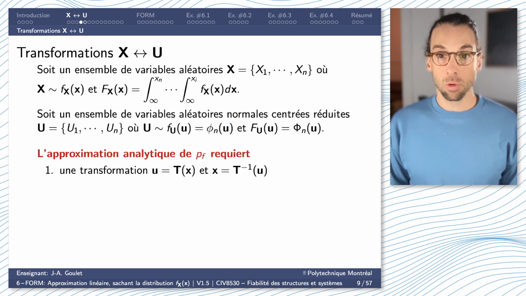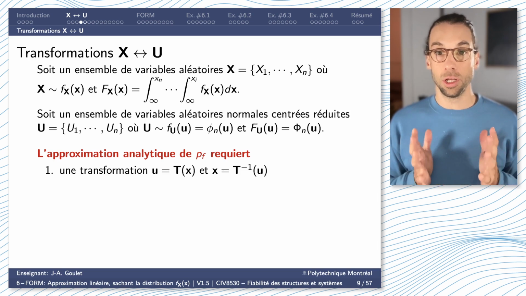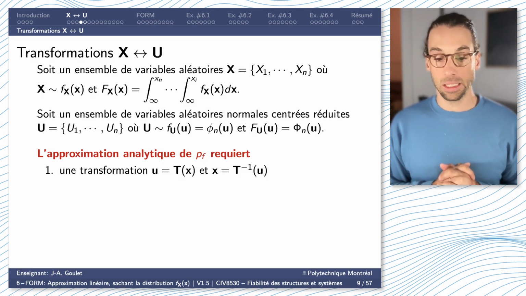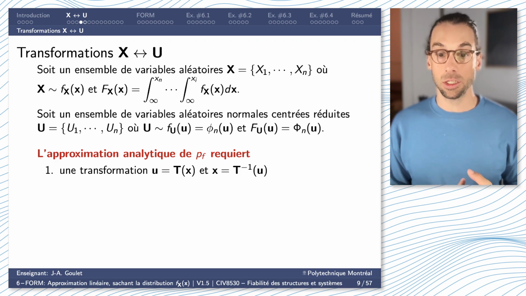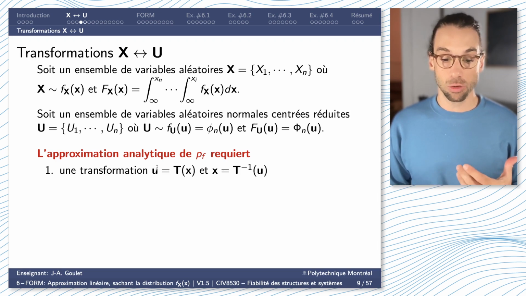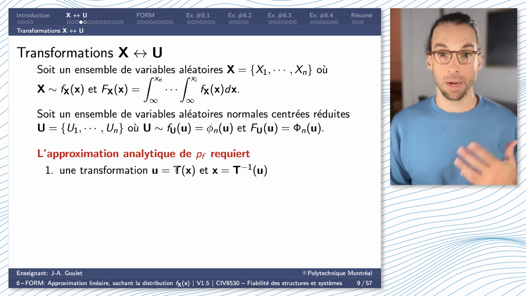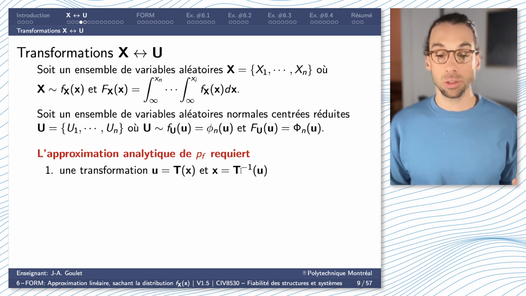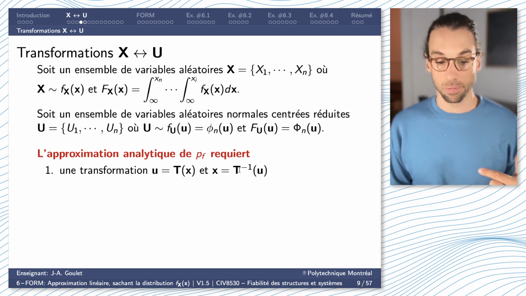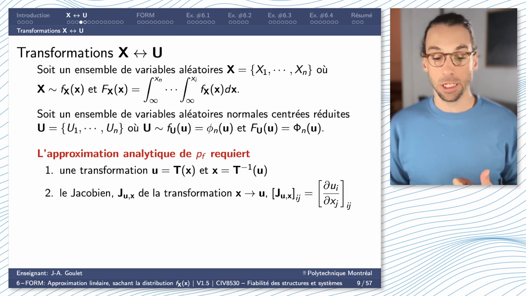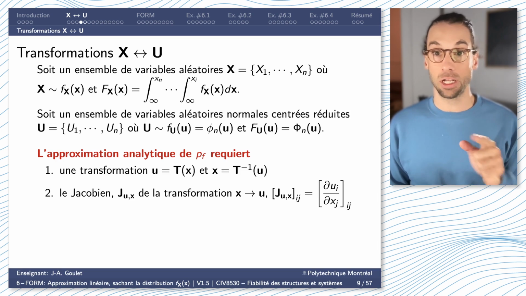If we want to use a linear approximation to estimate the probability of failure, we need two things. The first one is a transformation from x to u. T here describes my transformation. And we also need the inverse of such a transformation, denoted by T inverse. The second thing we need is the Jacobian of that transformation.